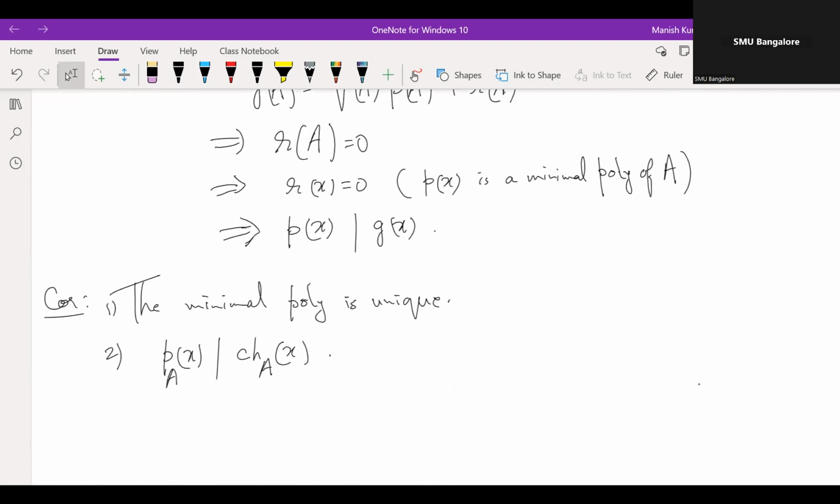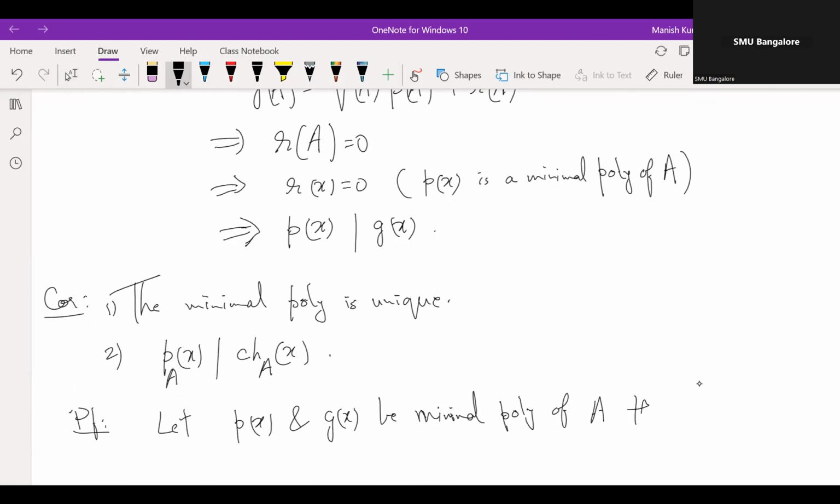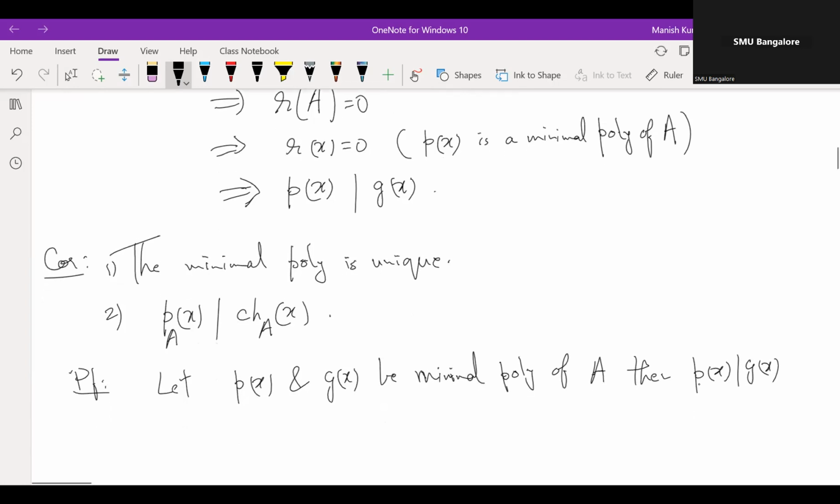So say p(x) and g(x) are minimal polynomials of A. Then p(x) has to divide g(x) and g(x) has to divide p(x), and they are of the same degree.